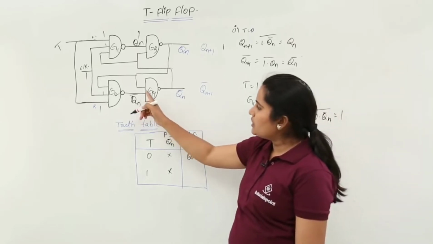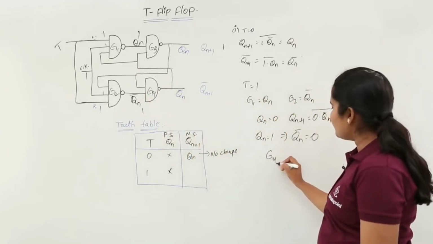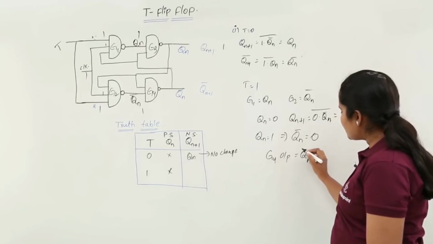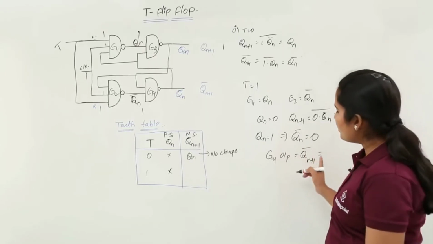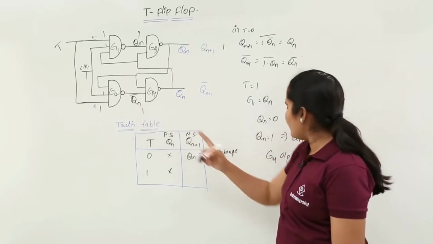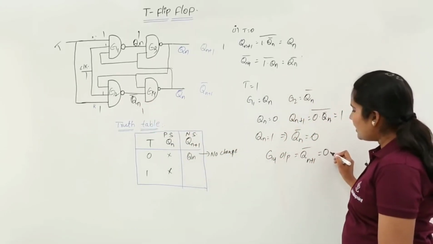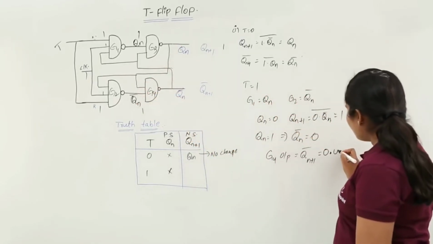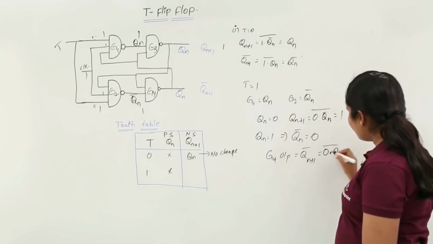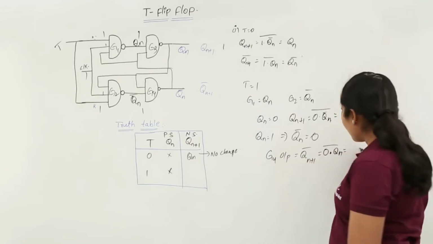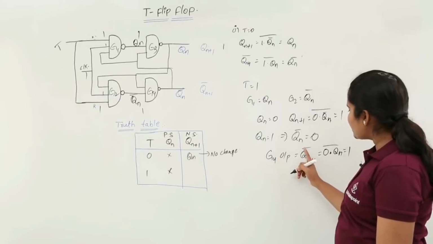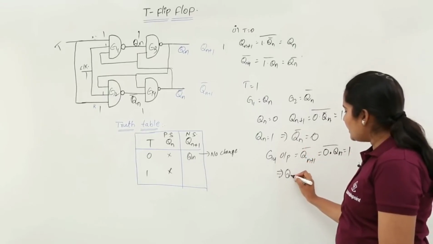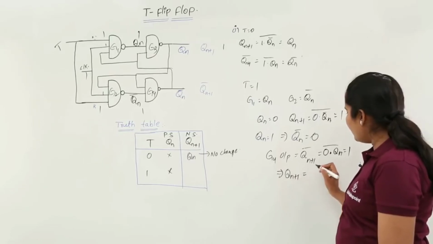So here 0 into G4 output, I am considering G4 output is equal to Qn plus 1 bar, which is equivalent to Qn bar, which is 0, into another input Qn whole bar. That is 0 into anything whole bar, which means you are getting 1. That means Qn plus 1 bar you are getting as 1, so that implies Qn plus 1 you are getting 0.